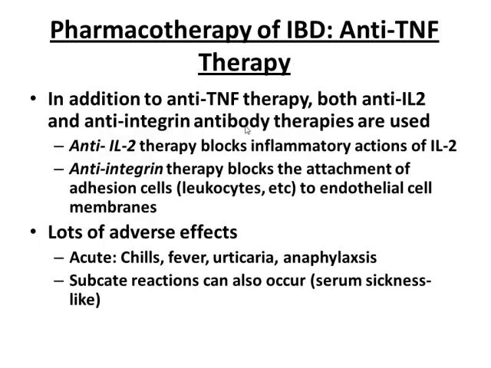With anti-IL-2 therapy, we have an antibody that identifies IL-2, binds to it, stops it from working, and that stops the cell signaling that IL-2 stimulates. Anti-integrin therapy blocks the attachment of adhesion cells to endothelial membranes and stops the negative processes that occur with that as well.